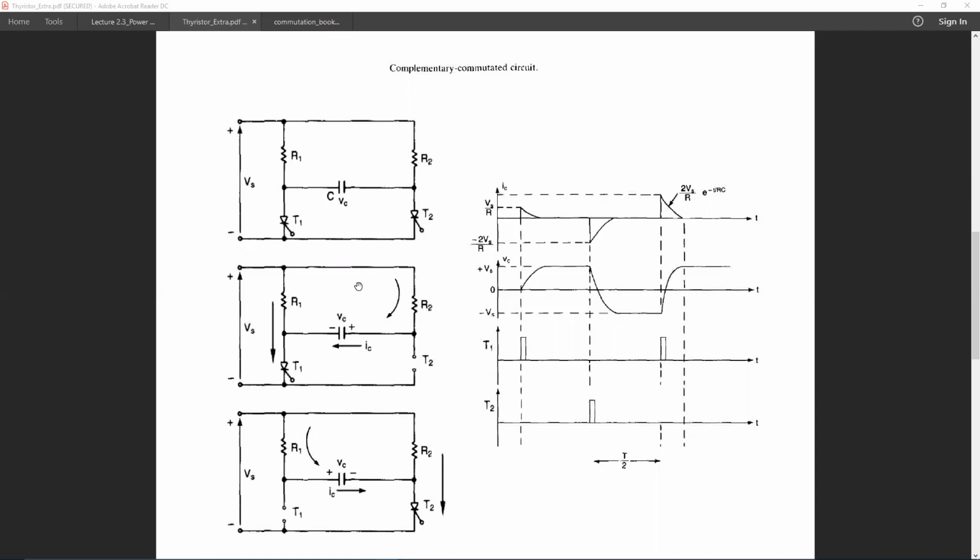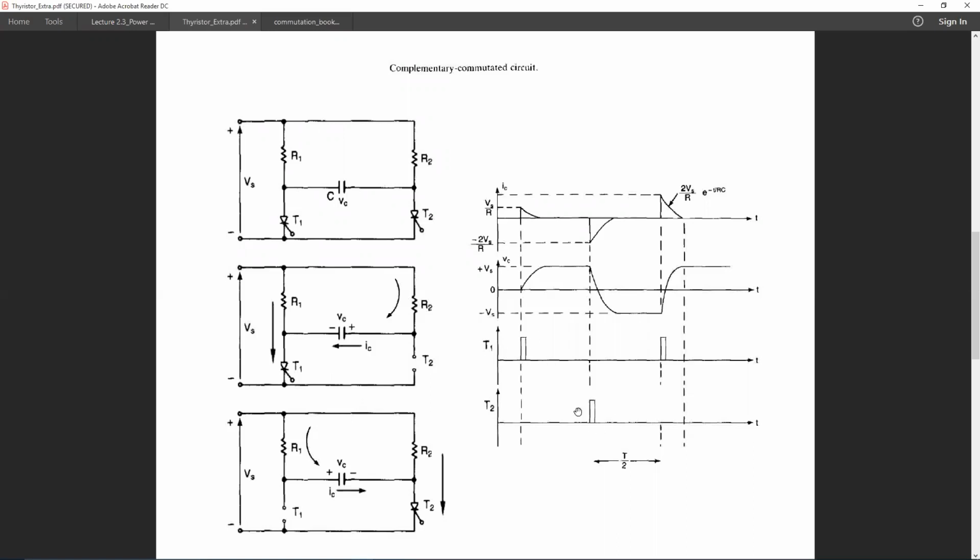So if we turn on T1 for the very first time, the current will flow through R1 and T1, and an auxiliary current will flow through R2 and this C, which will be charged in this polarity. So now T1 is on.